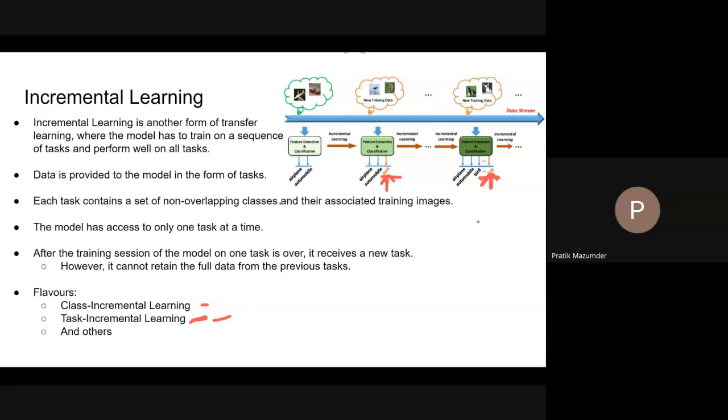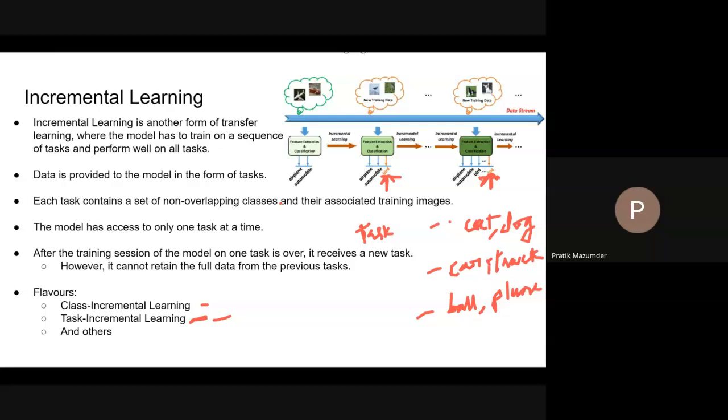Suppose in the first task you get cat and dog. In the second task, you get car and, say, truck. In the third task you get, say, ball and plane. So these are the three tasks that you have. Class incremental learning will expect you to perform well on all of these 6 classes.